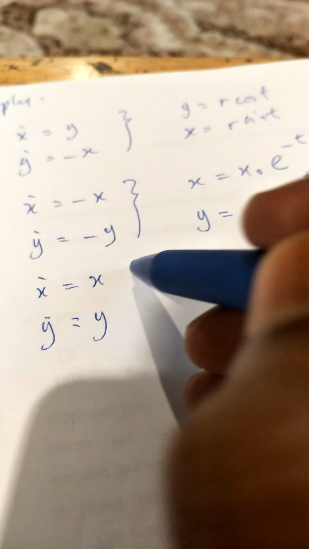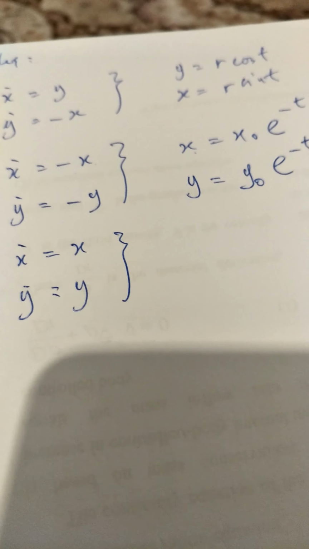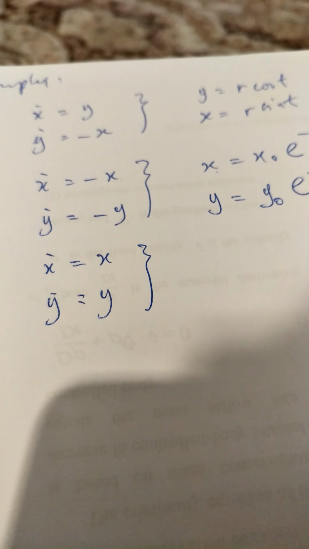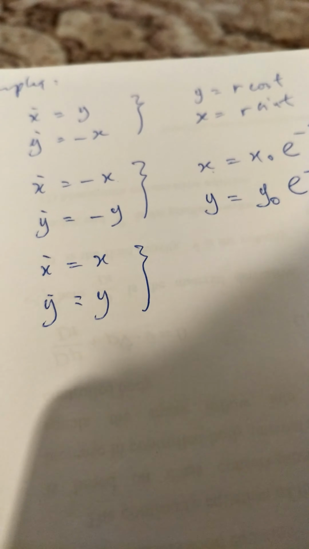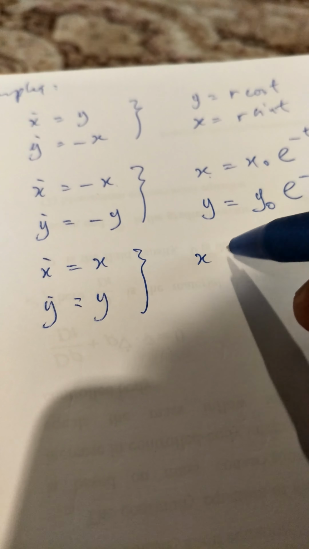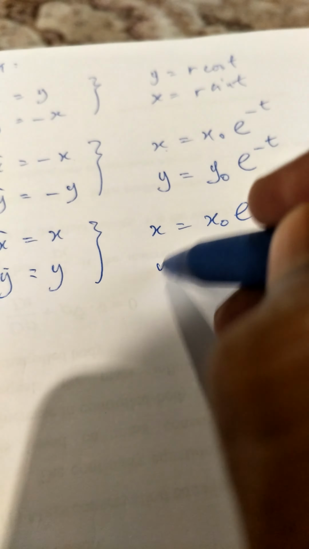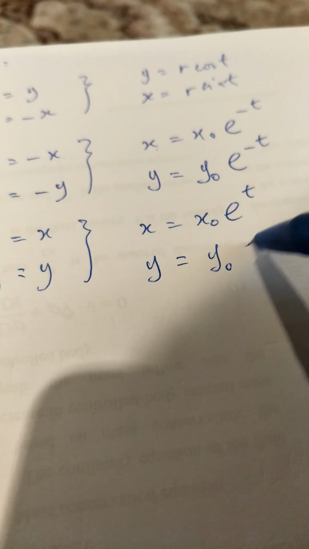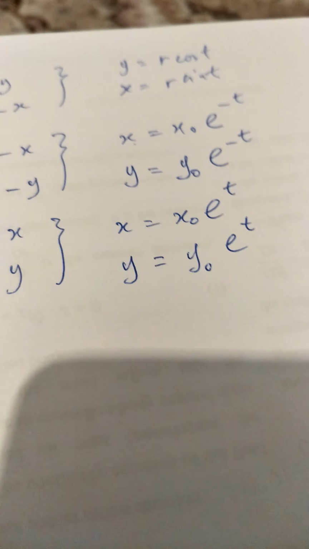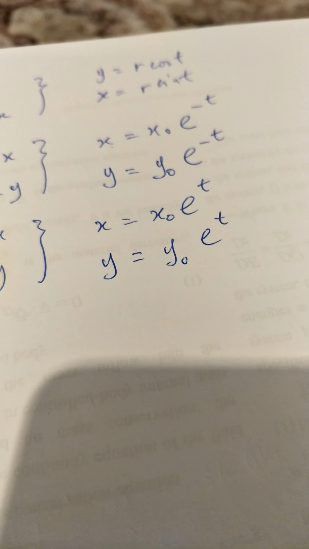Whereas for the third problem here, the solution is given as x equal to x naught e to t and y equal to y naught e to t. If you differentiate, you get the same thing.